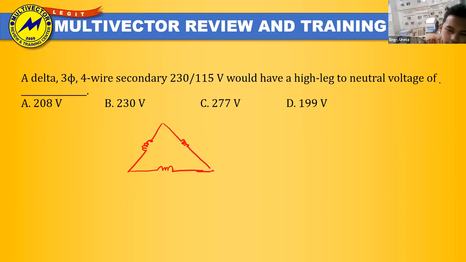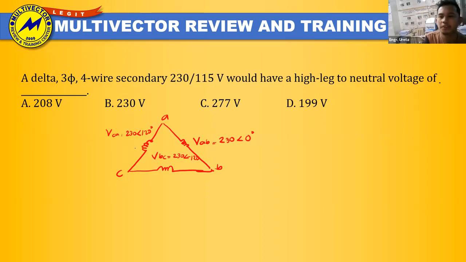Considering our transformer is balanced, with phases A, B, and C, VAB is equal to 230 angle 0. Since balanced, VBC is 230 angle negative 120 and VCA is 230 angle 120.